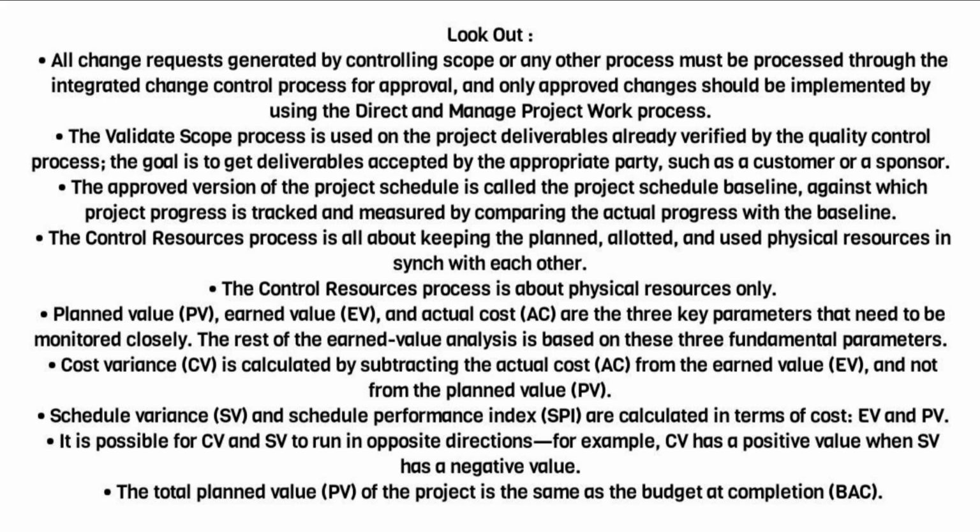Schedule variance, SV, and schedule performance index, SPI, are calculated in terms of cost, EV and PV. It is possible for CV and SV to run in opposite directions. For example, CV has a positive value when SV has a negative value. The total planned value, PV, of the project is the same as the budget at completion, BAC.